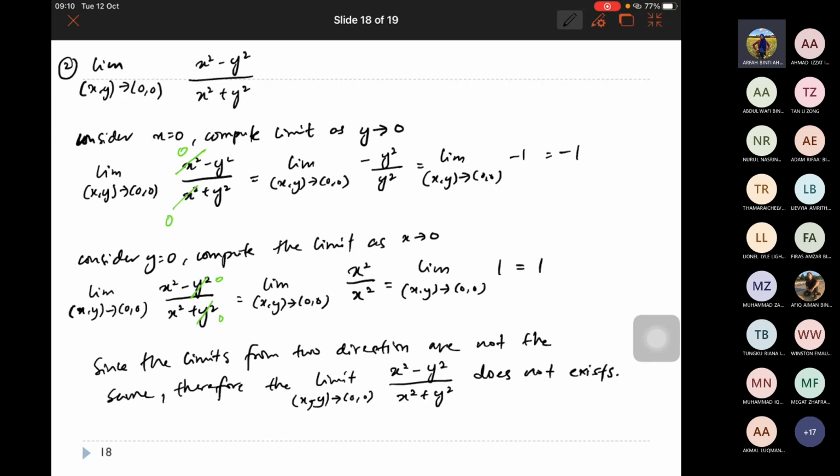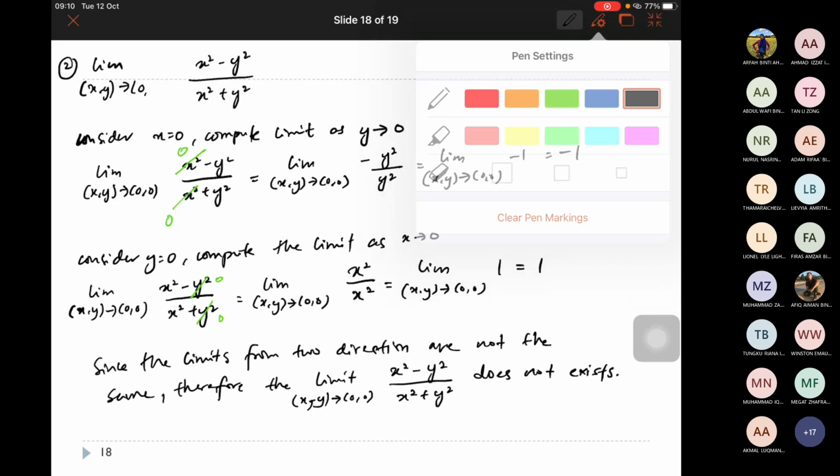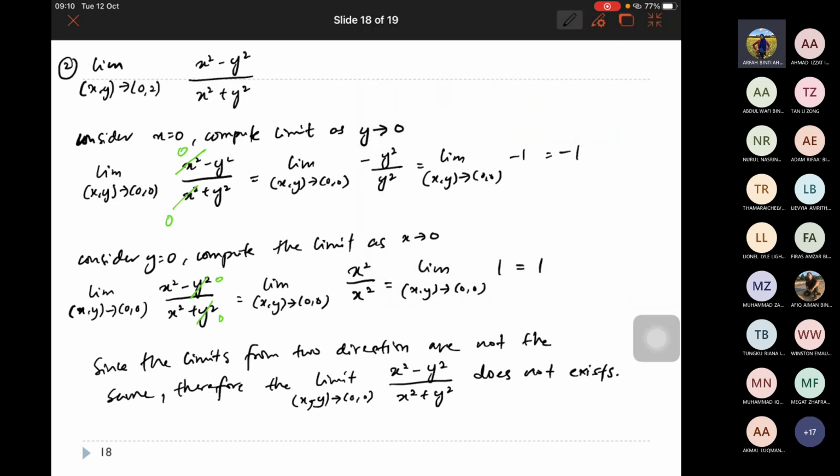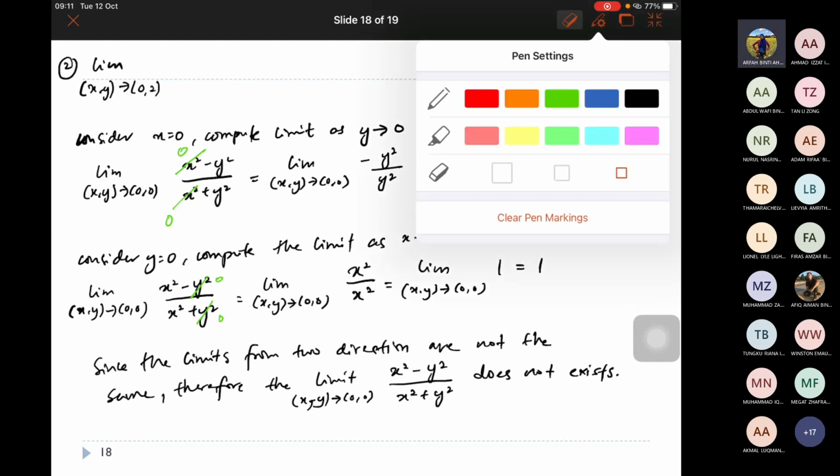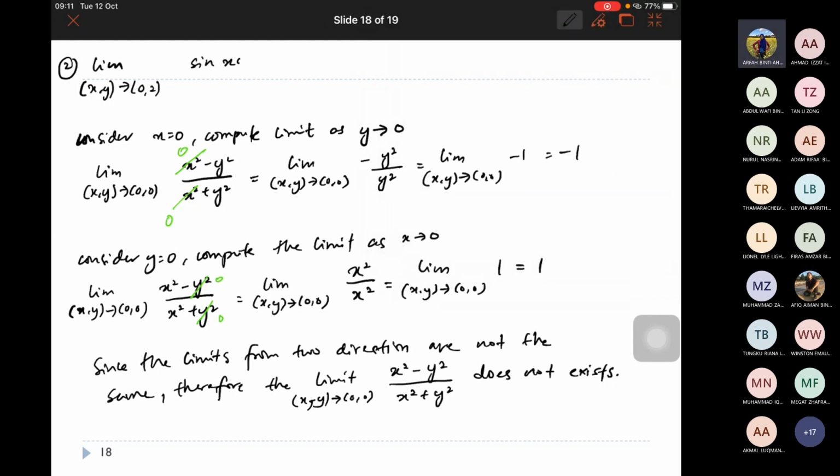So for the second question, we want to find the limit of x, y approaches 0, 2 of sin xy over x. So consider x equal to 0, compute the limit as y approaches 2.